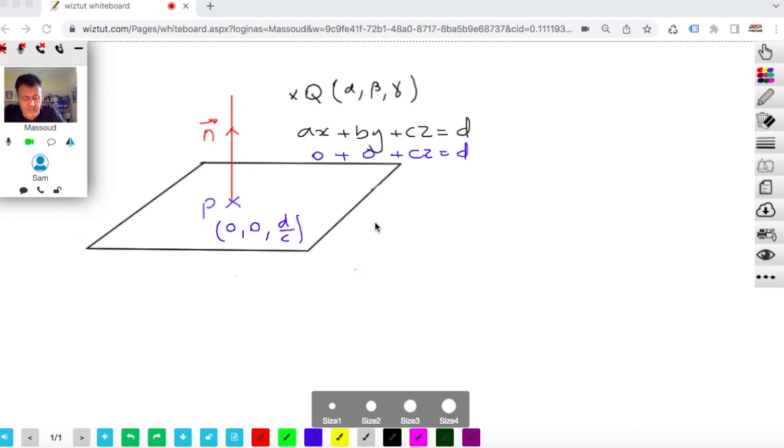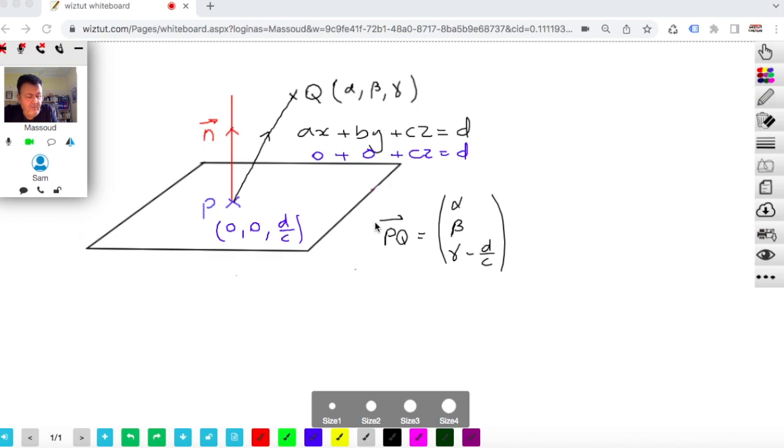Now the vector PQ would be Q minus P. So it would be alpha minus 0, which is alpha, beta minus 0, which is beta, and then gamma minus the z of P, which is gamma minus d over c.